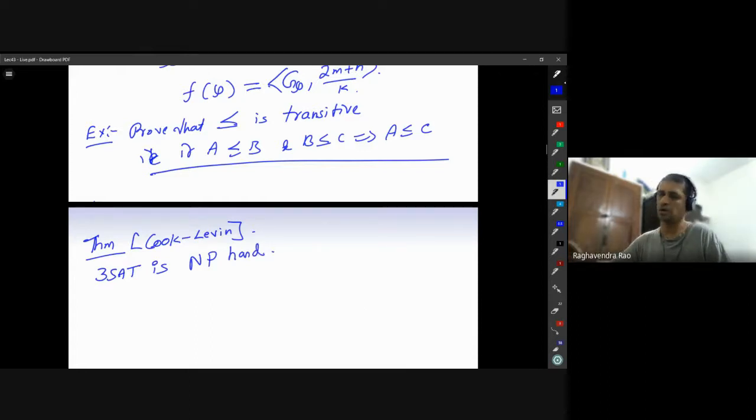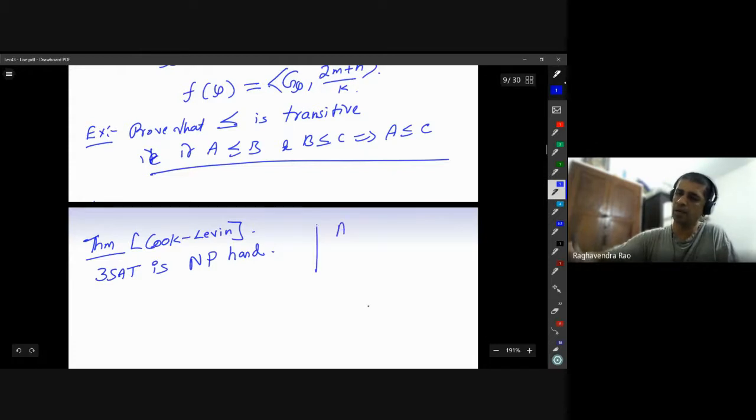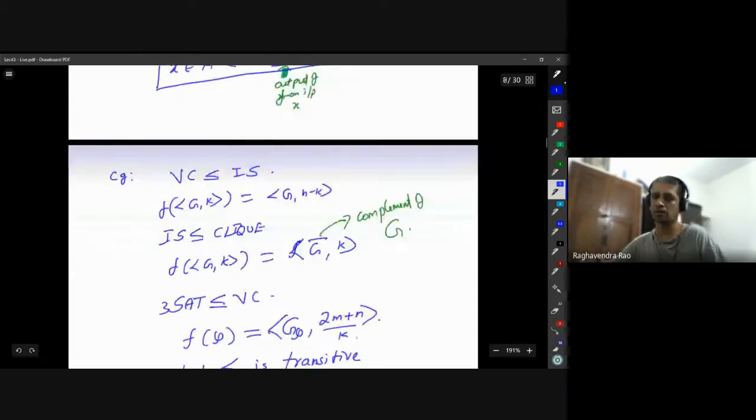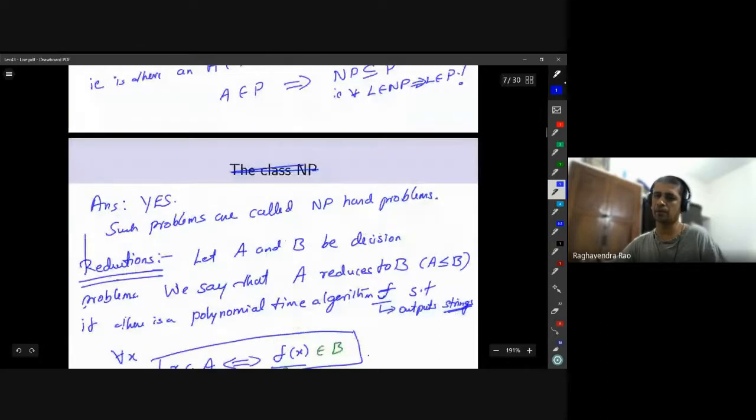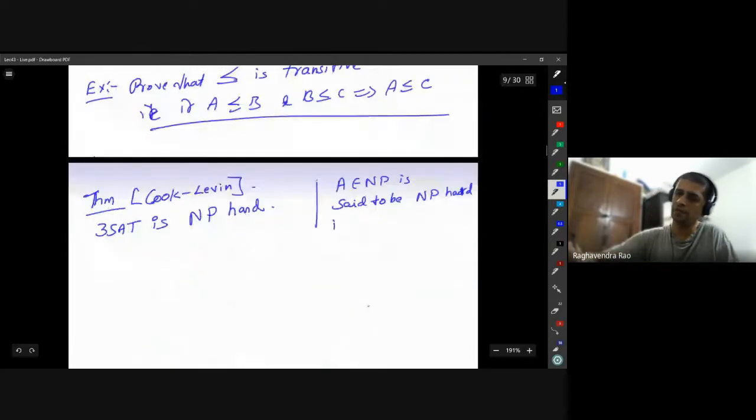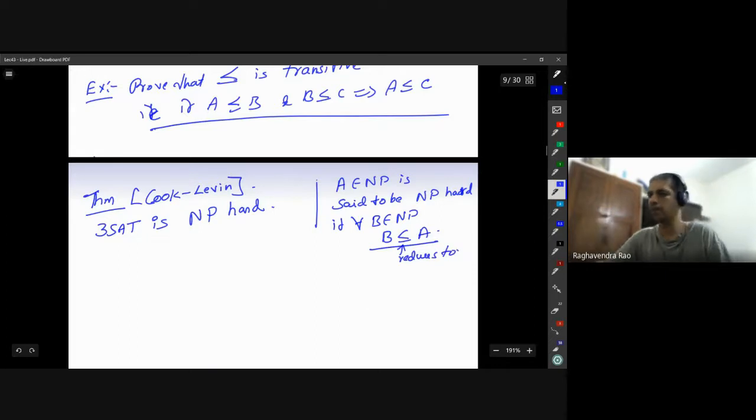So what do I mean by NP-hard? A problem A in NP is said to be NP-hard. It's exactly the notion of hard problem that we stated here. That is, if for all B in NP, B reduces to A. What does this mean here?